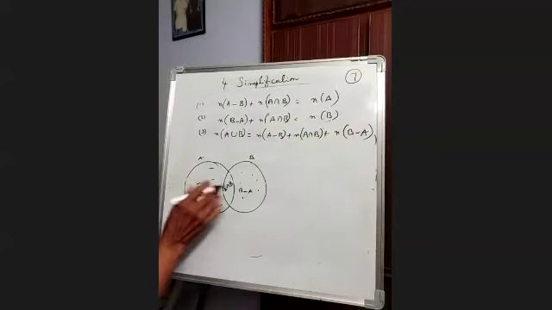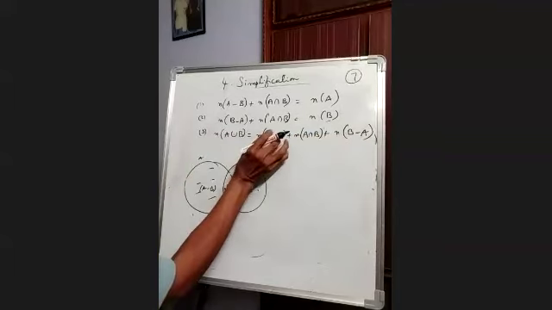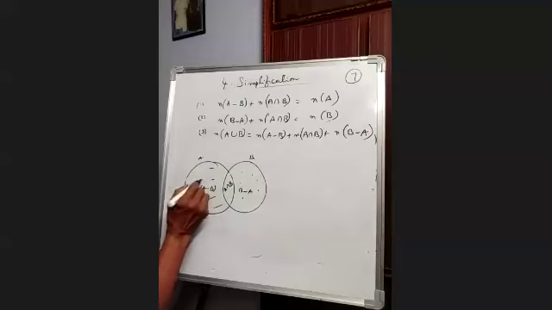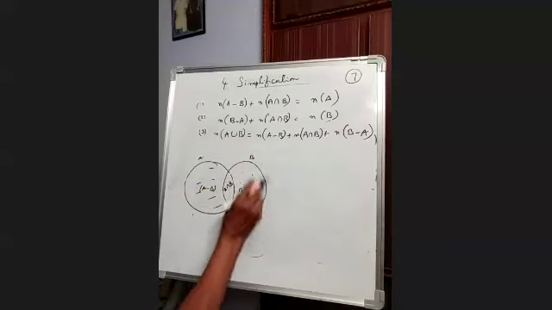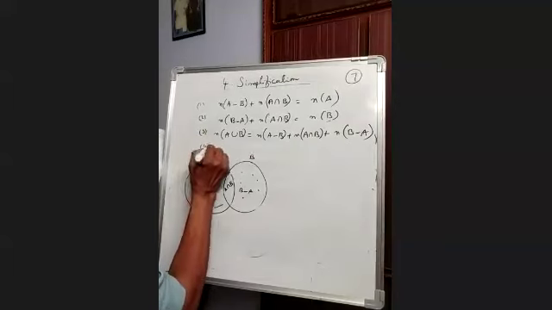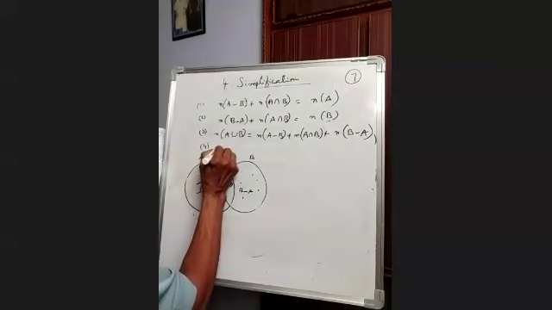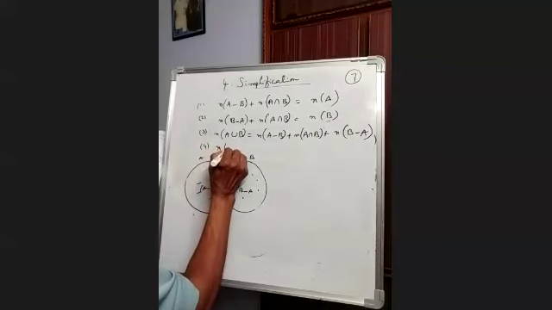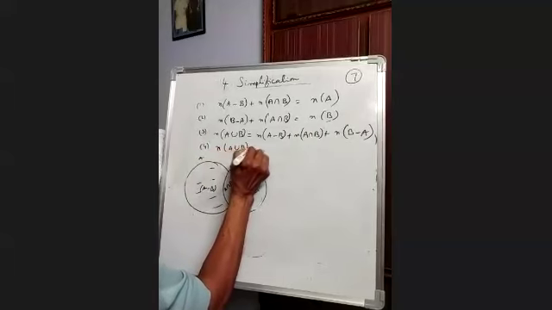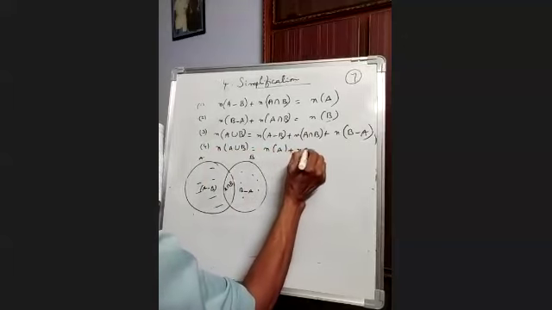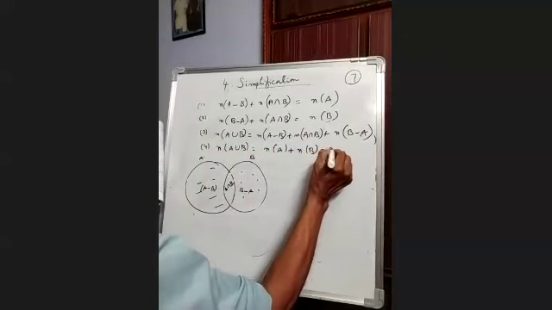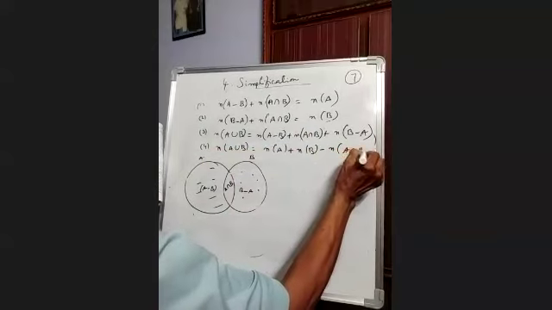That is, without repetition, total elements in A and B. The dashes portion, the intersection portion, and the dots portion: total will be A union B. Fourth one: n(A union B) can also be written as n(A) plus n(B) minus n(A intersection B).